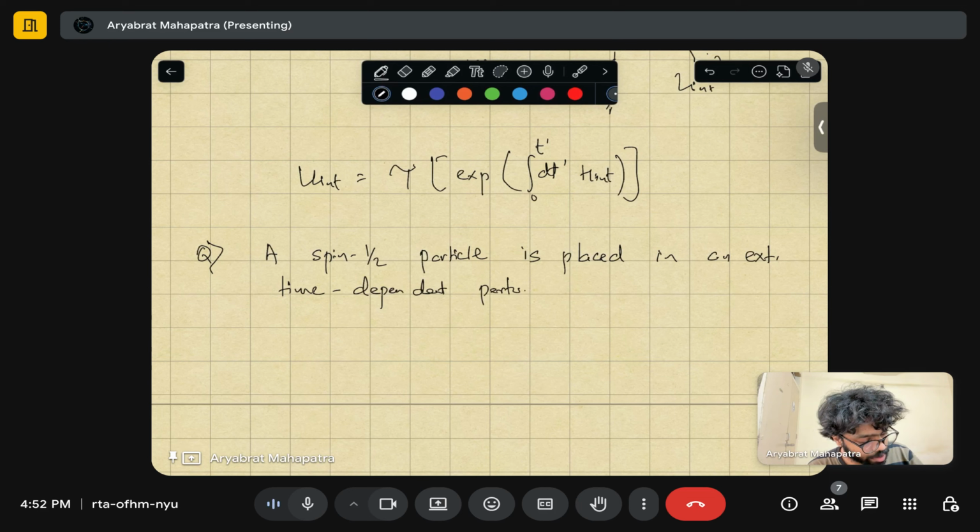A perturbing magnetic field, let's say a perturbing magnetic field.